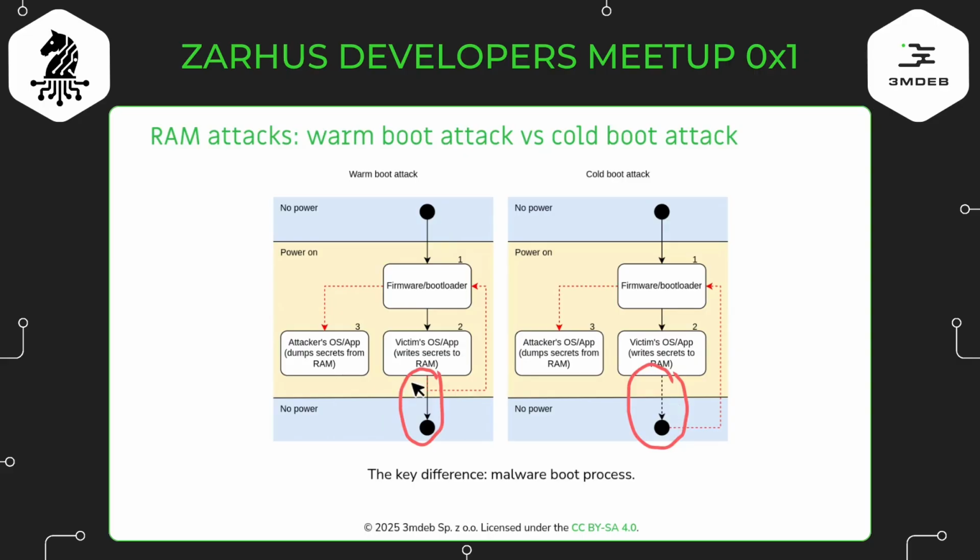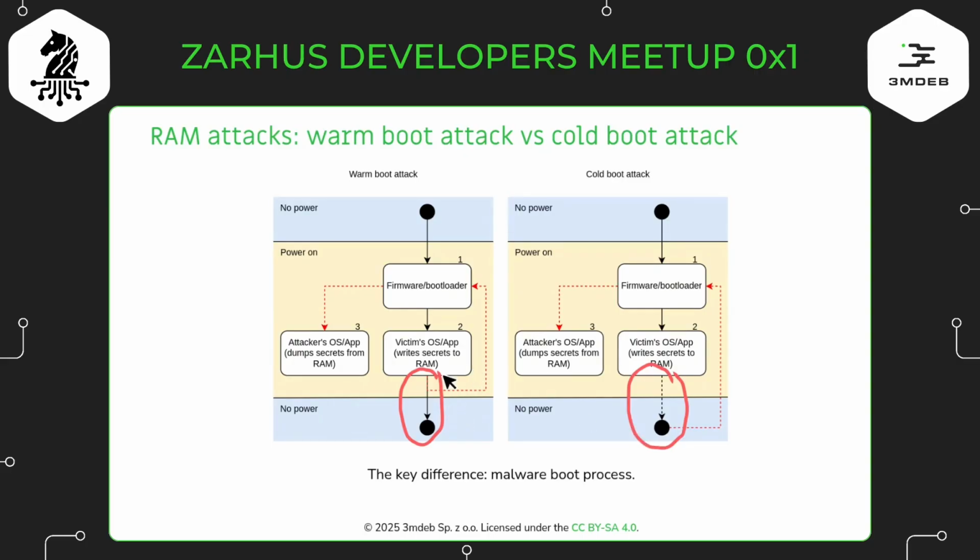In the warm boot attack, the system is being shut down without breaking software execution. That is, you are just typing in the Linux console systemctl poweroff, and Linux and all software is shutting down. The entire process is being executed as a software process.